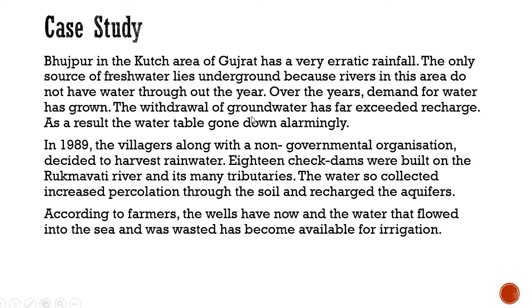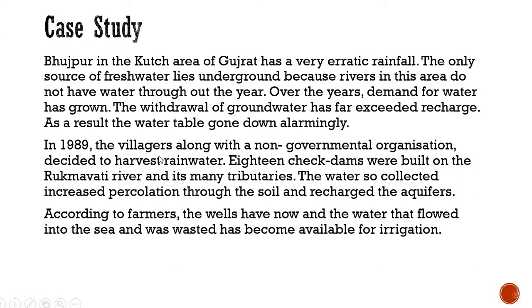So the withdrawal of groundwater has far exceeded recharge. As a result, the water table has gone down alarmingly, because the use of underground water is much larger than its recharge.